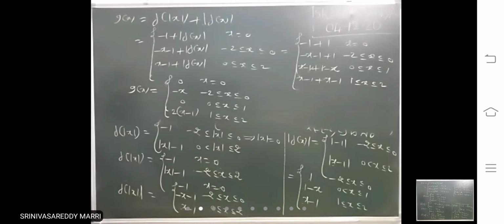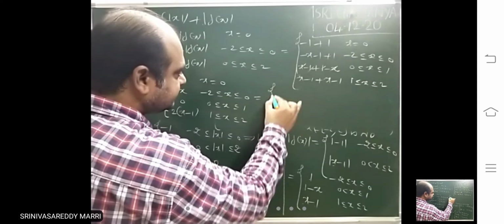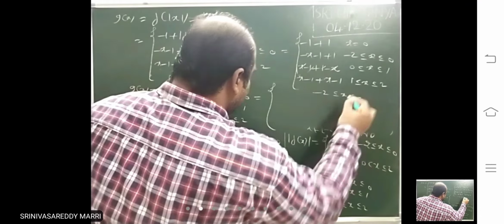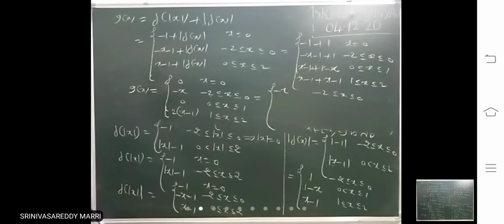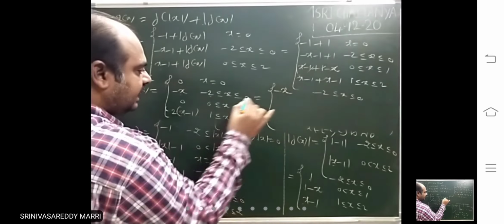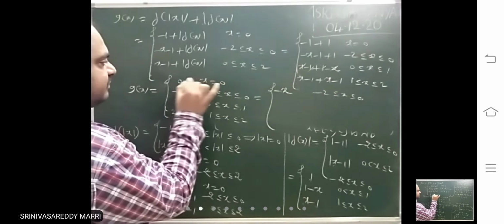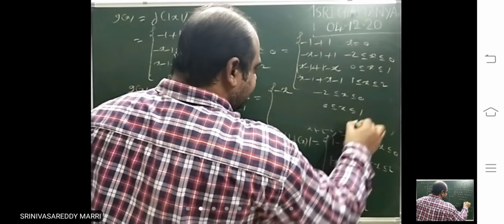Now look at g of x. I am writing first minus 2 to 0, minus x, just from negative I am writing minus x, and then between 0 to 1, 0. Here look at x equal 0, 0. Here already 0 is there, no need to write again.